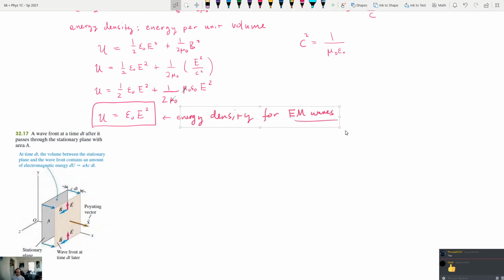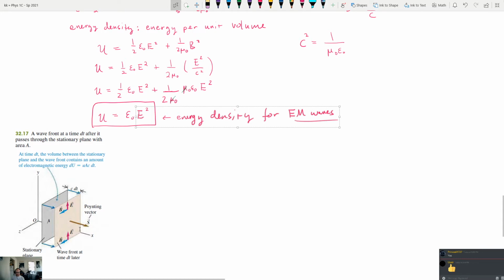As an example, the sun is sending electromagnetic waves toward the Earth constantly, and there's a rate at which that energy is flowing to Earth, and we can calculate that, and we can also use it if we want to find, for example, what the electric field of those waves is.